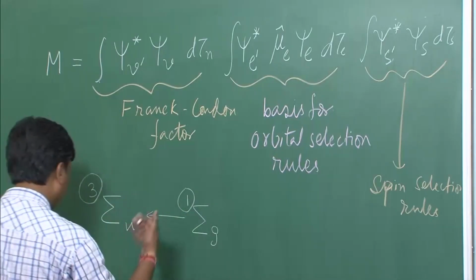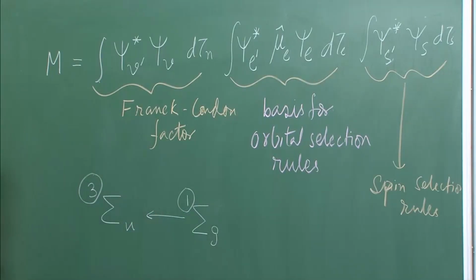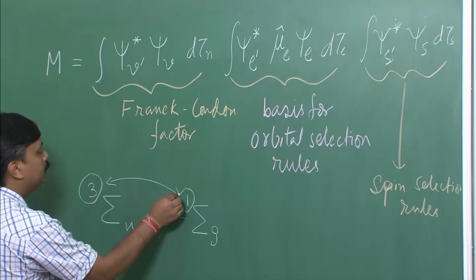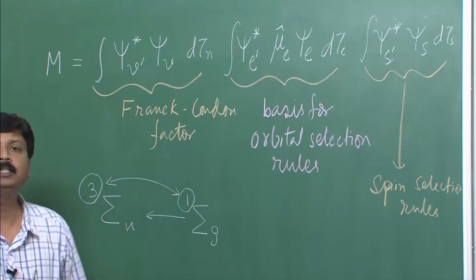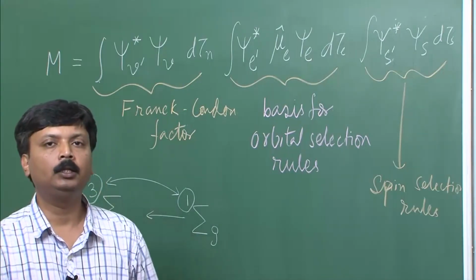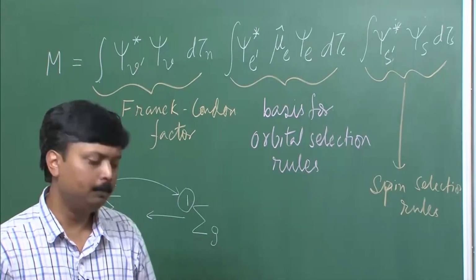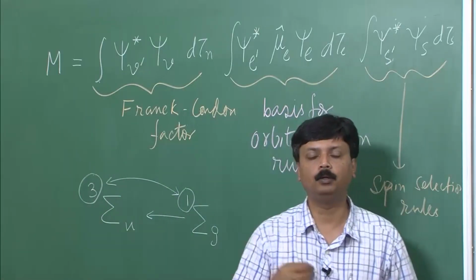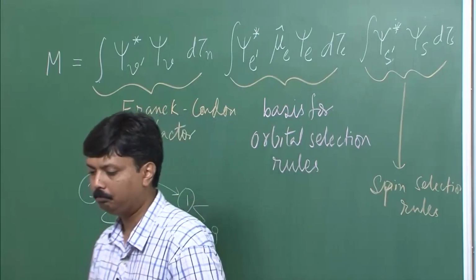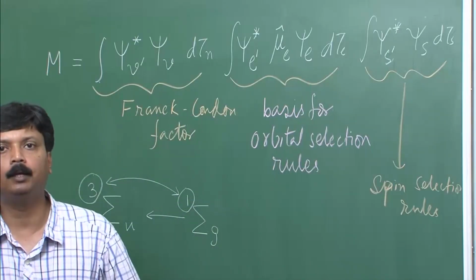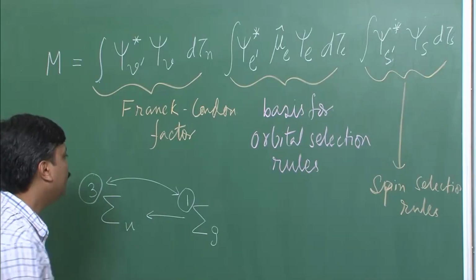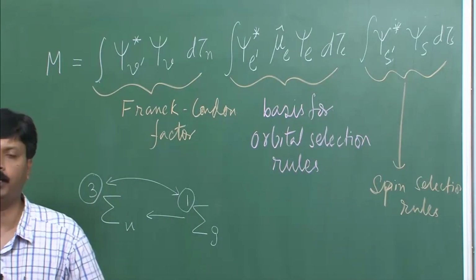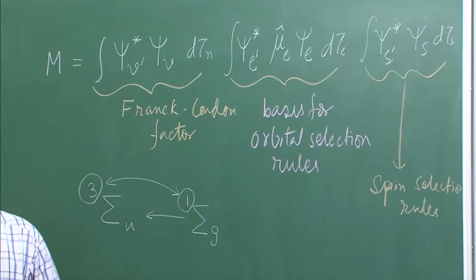If these two states have different spin multiplicities, they are going to be orthogonal, because spin wave functions having two different multiplicities are completely orthogonal. Therefore, unless the spin multiplicities of the two states are the same, the transition is forbidden.